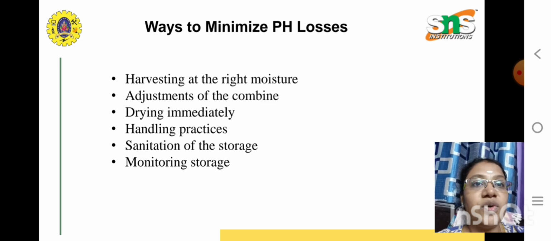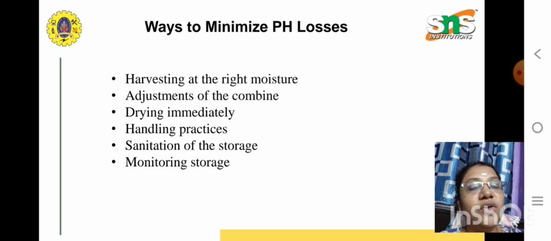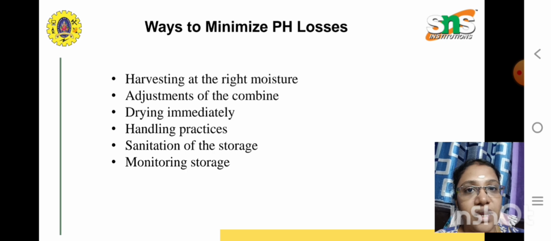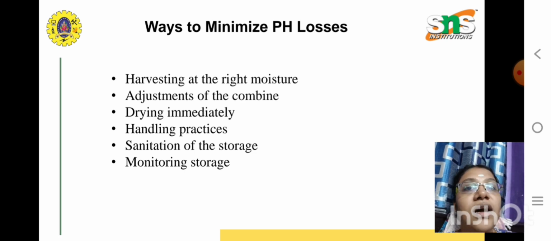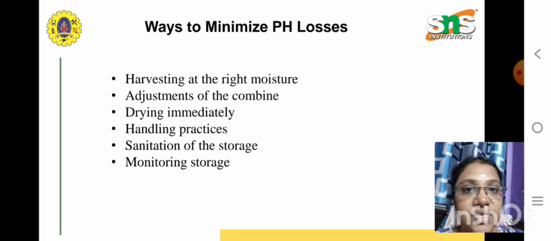Next, we have to make adjustments of the combine, in the sense that we have to look for the proper combination of harvesters being installed. Then after the crop is harvested, we have to dry it immediately, because when we keep the crop for a longer time after harvesting from the field, it ultimately leads to a drastic increase in the moisture content. So we have to dry it immediately.